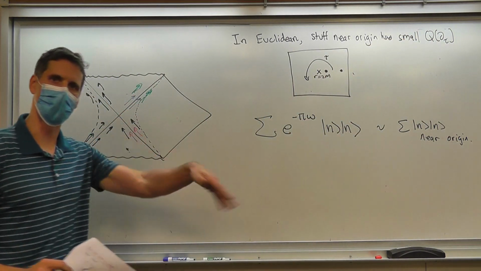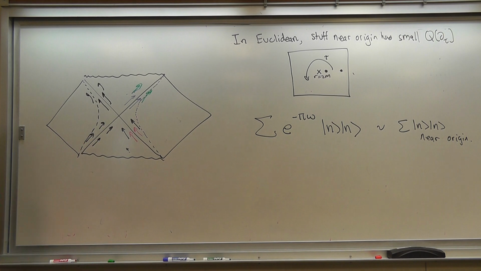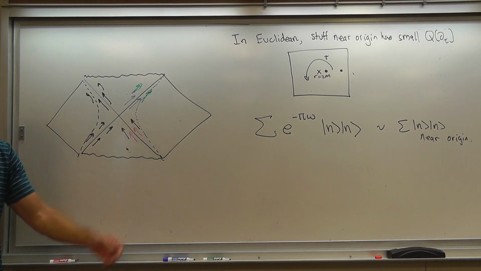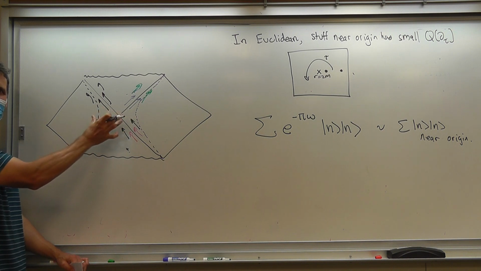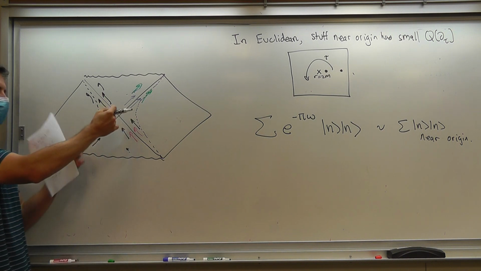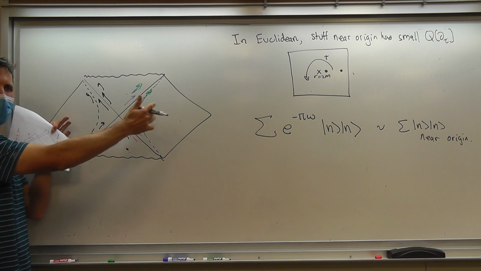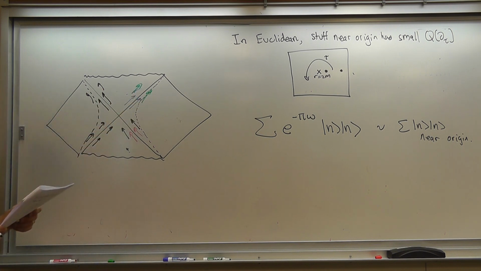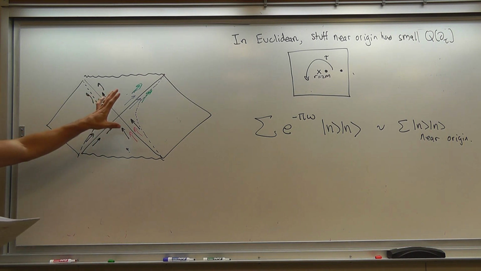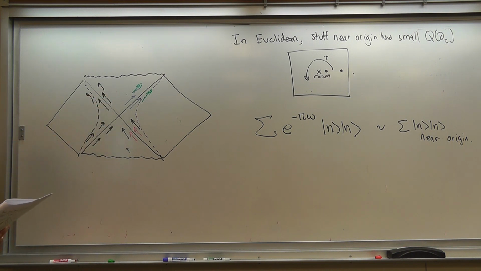And then if you go far away from the origin, it's just unoccupied. So very roughly speaking, you can think of this as the very entangled state near the origin, and then quickly dying off and just being unoccupied when you get away from the origin. So that's where this picture came from.